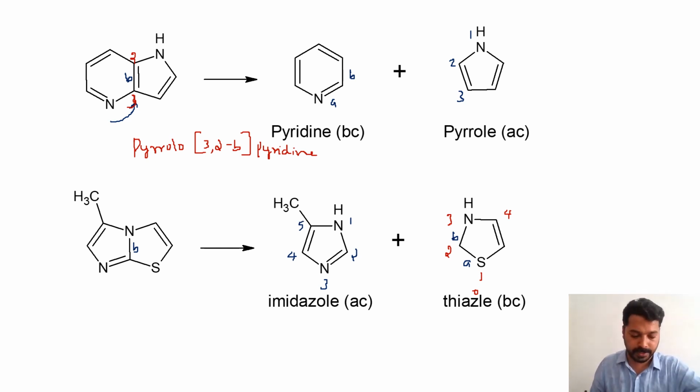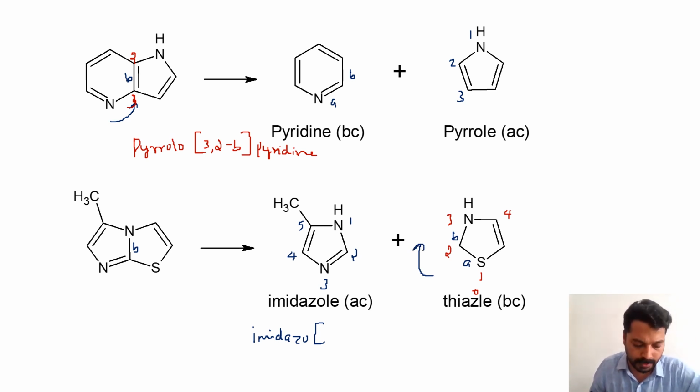Now you mix this one. Now if you mix this one, you can write imidazole. Right now I am not using the substituent methyl. So first let us write the hetero ring, that is imidazole. Imidazole, that is the attached component. So A, B, C is moving in this way.